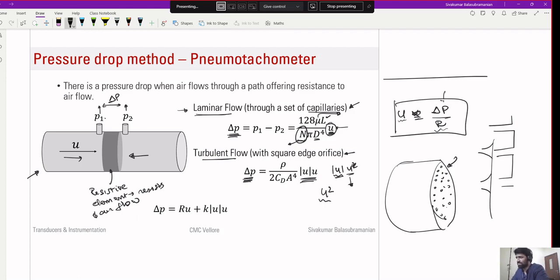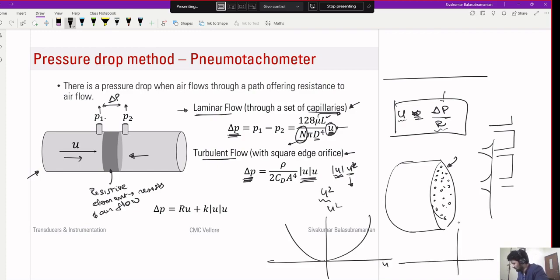So if you plot u square, it will look like this. But if you plot u multiplied by the magnitude of u, you basically flip this, mirror this about the negative x-axis. Okay, then you have a relationship like this.